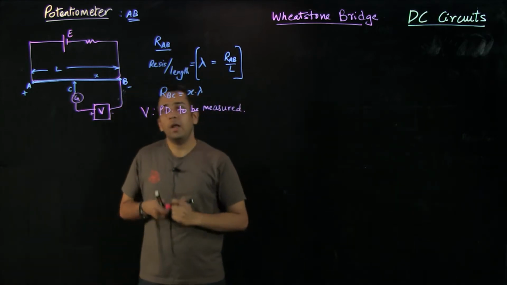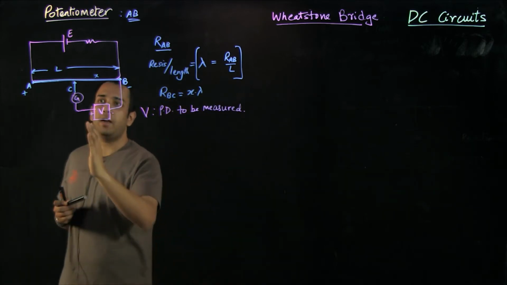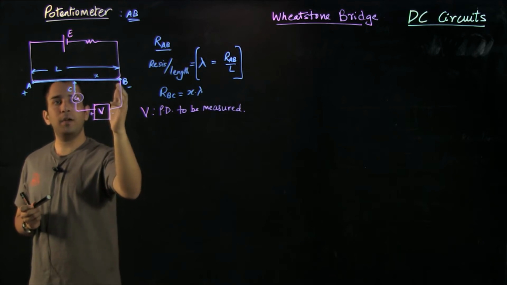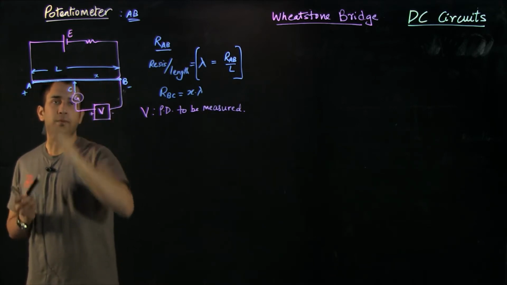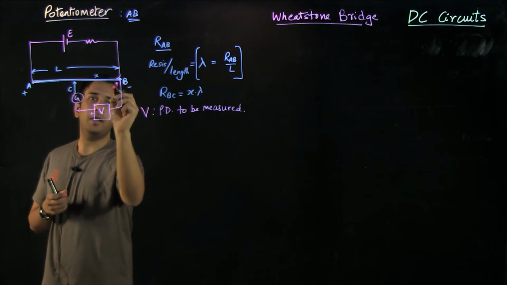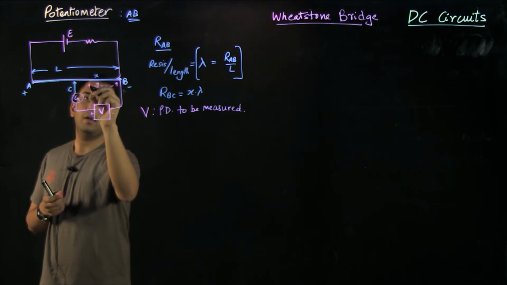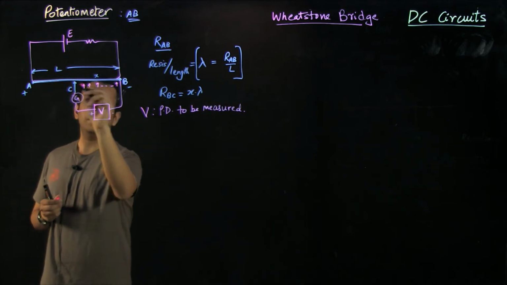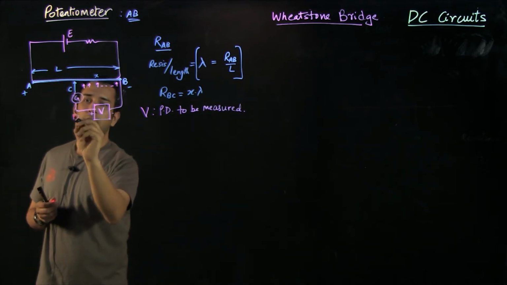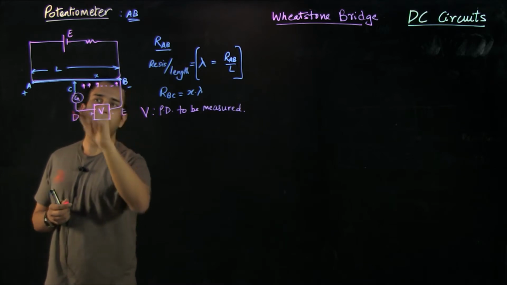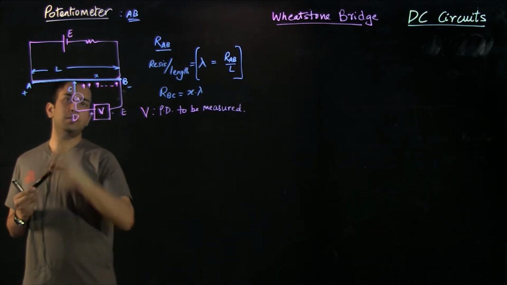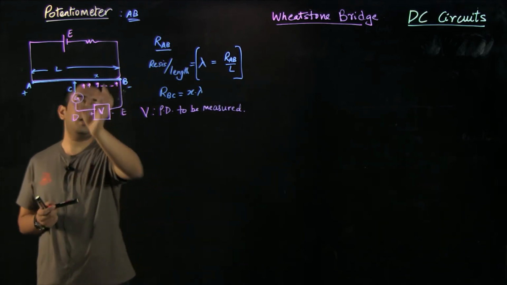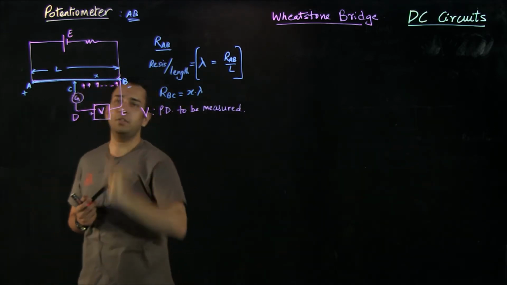What I will do next is move the pointer C starting from B towards A. So I will start here and then move this way. As I move the pointer, in the circuit BCDE the resistance present in BC will keep on changing, because as I increase the length, I am effectively increasing the resistance of this part.